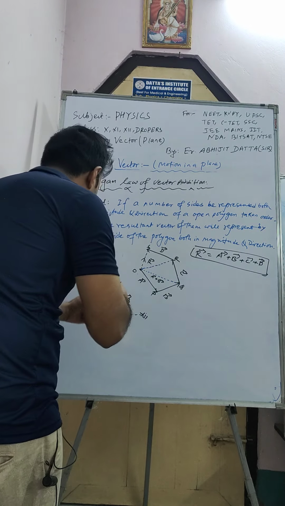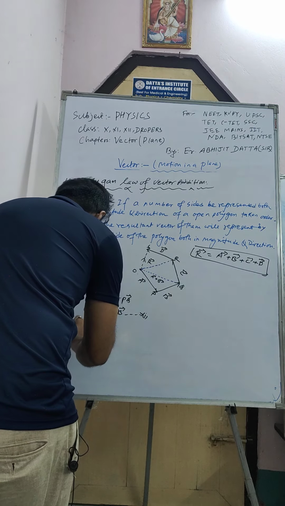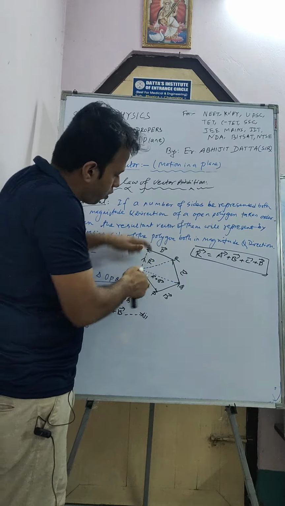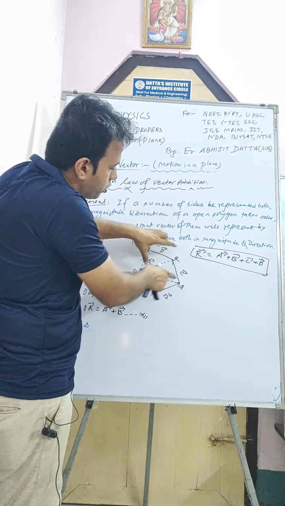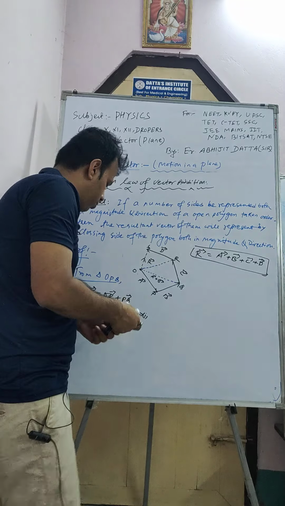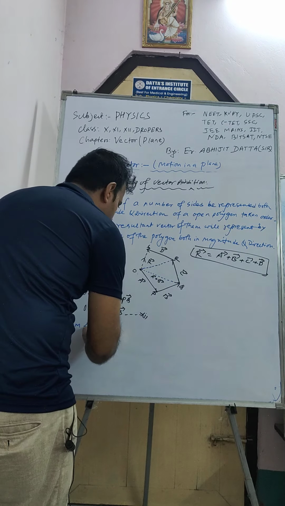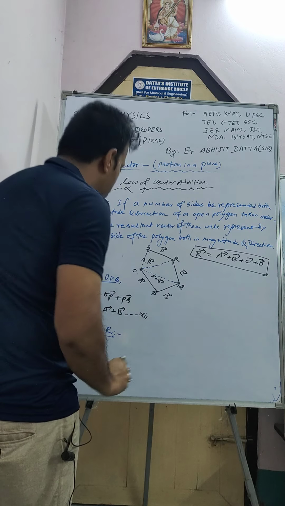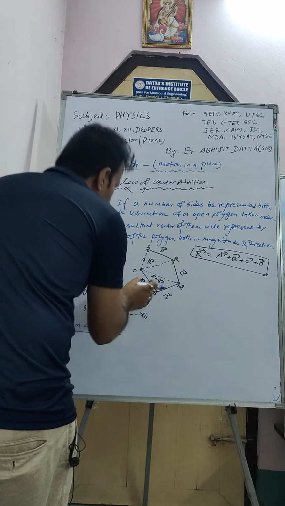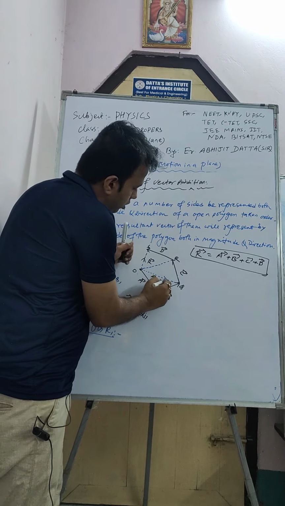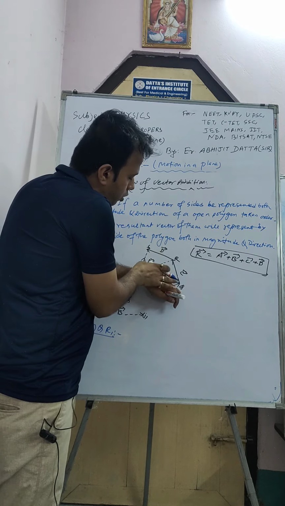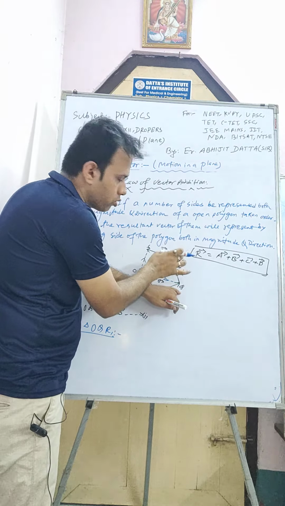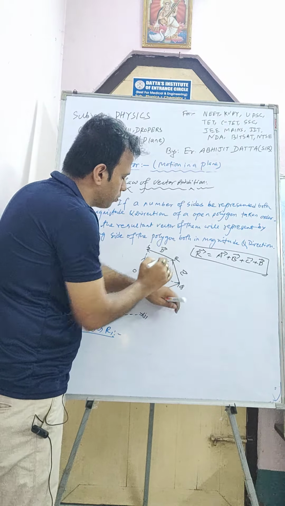Now consider this triangle OQR. Just forget about the other 2 triangles. So from triangle OQR, what do we get, sir? This is one side, this is another side, these 2 sides are in the same order, so the third side will represent the resultant of them.